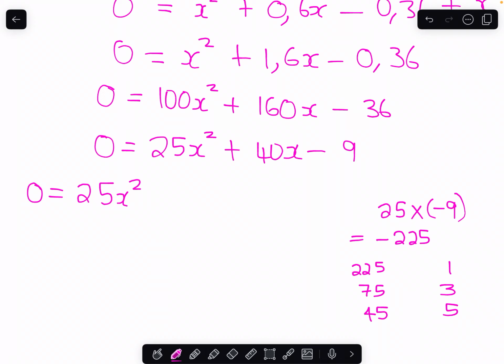Next number we have is 9 and 25. Oh, sorry, I don't even need to carry on because this is my winning pair. If I have a plus 45 and a minus 5, that is going to give me that term. Okay, cool.